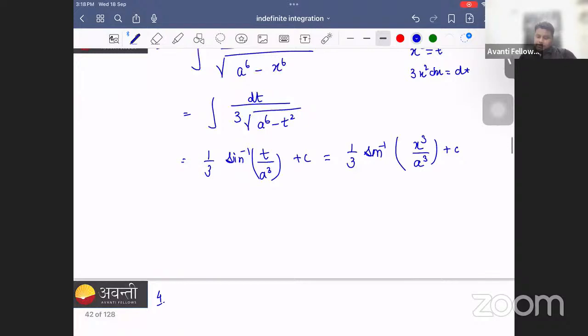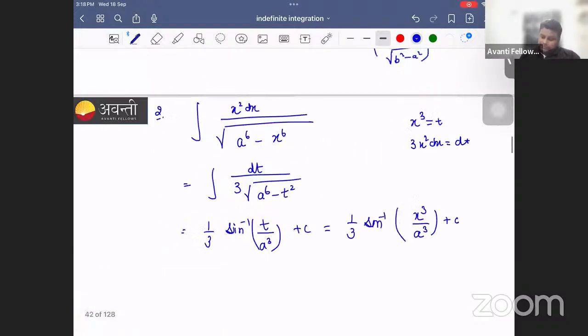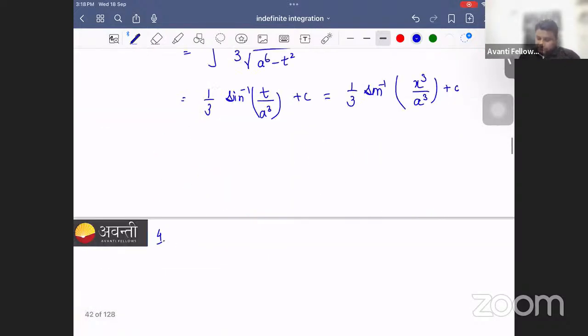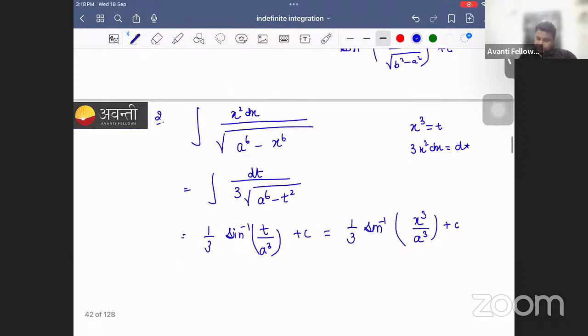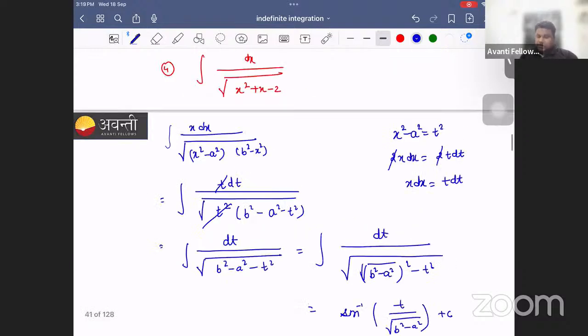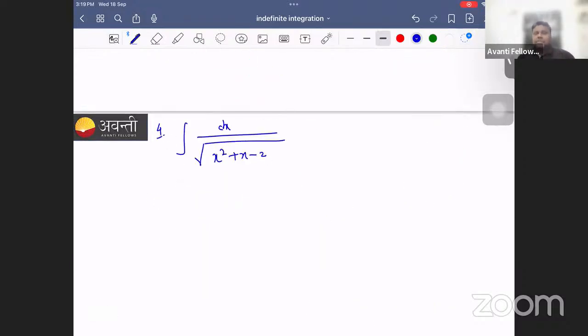Fourth is dx upon under root of x square plus x minus 2. See, as such, this quadratic can be factorized, yes or no? But that does not solve my purpose. So what we have to do? We have to complete the square inside it.